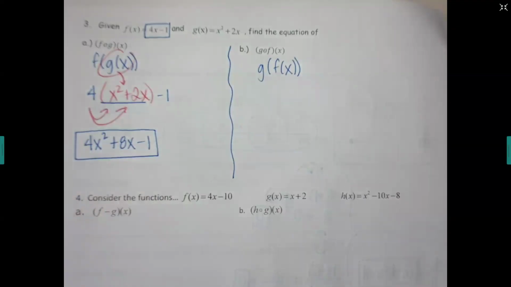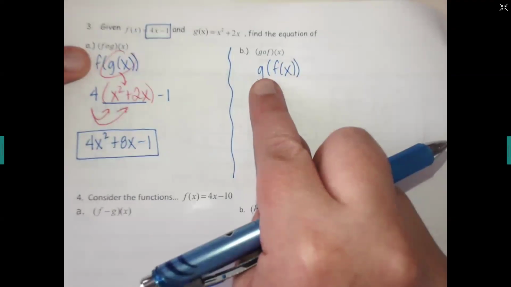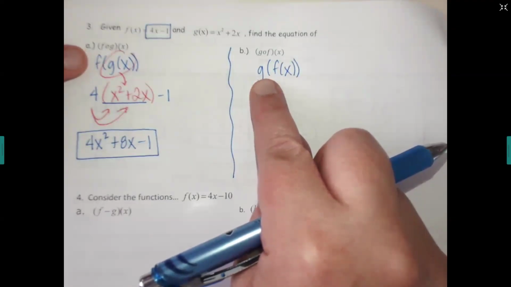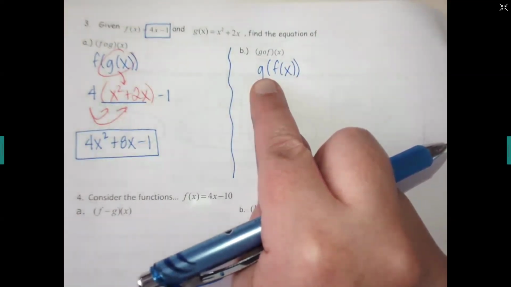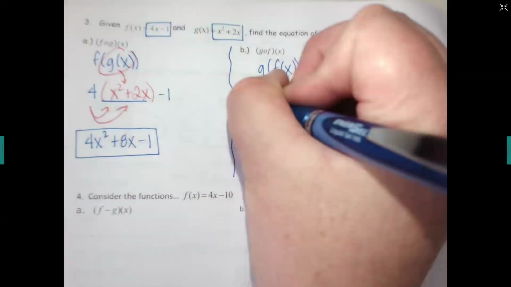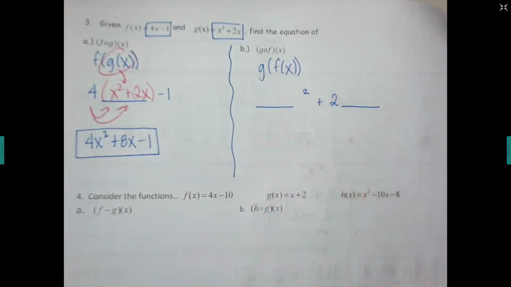Questions on that? All right, now we're going to go the other way. We started with F and we left our blanks for G. Now we're going to start with G, but leave our blanks for F. So read me out loud, what does the G equation say? How many times do you say x? 2 blanks. So x squared plus 2x is going to be blank squared plus 2 blank.